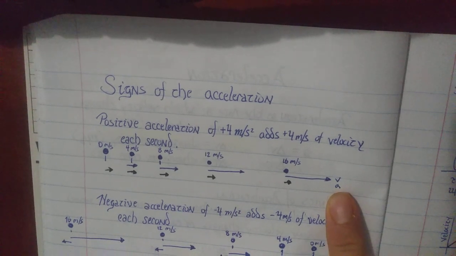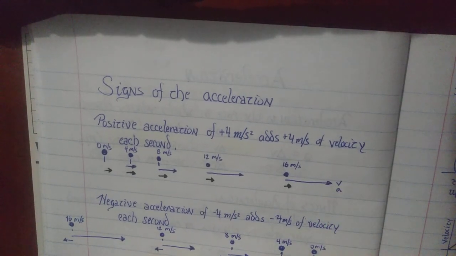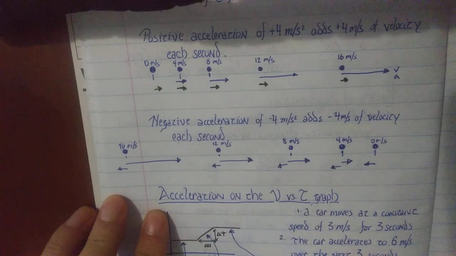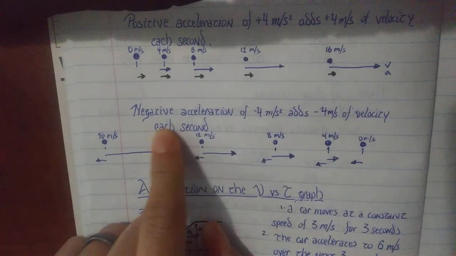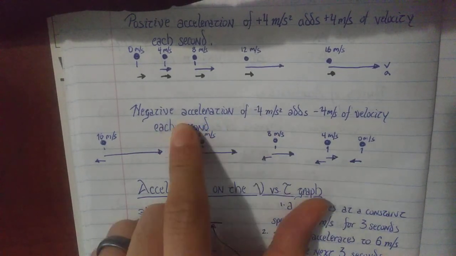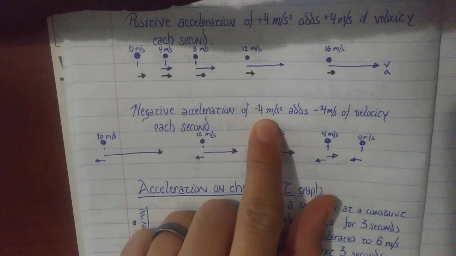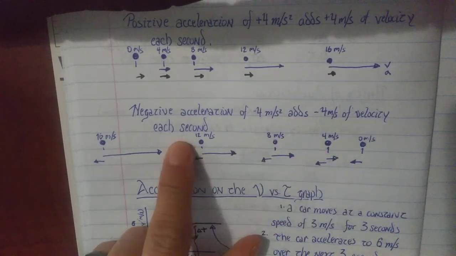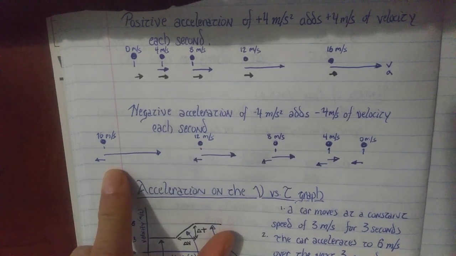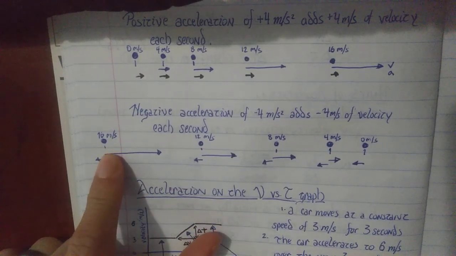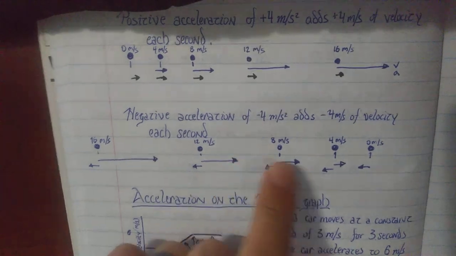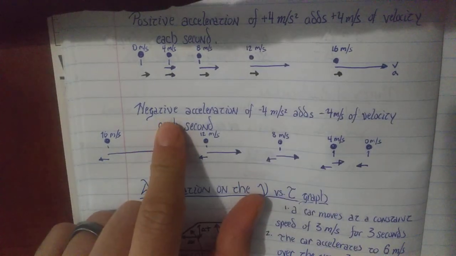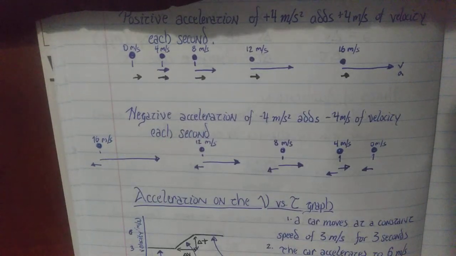So what does it mean when you have a negative acceleration? Let's look at that. A negative acceleration of negative 4 meters per second squared adds negative 4 meters per second of velocity each second. So it starts off going fast, 60 meters per second, but then he has a negative acceleration. A negative acceleration is like putting on your brakes, right?